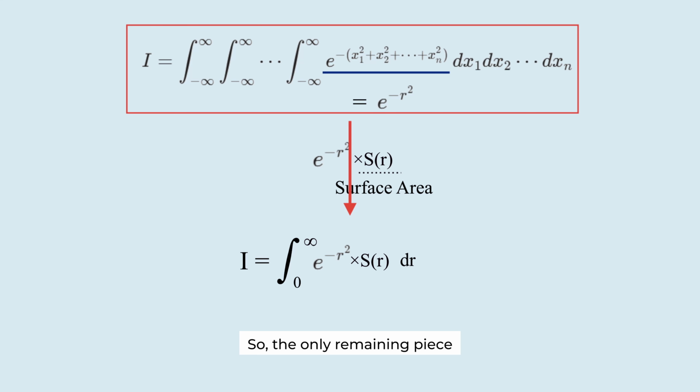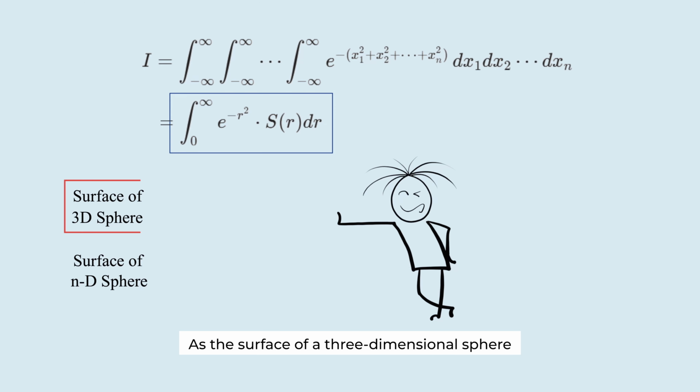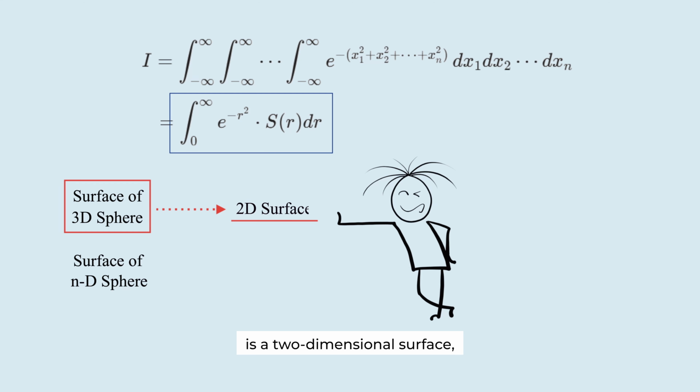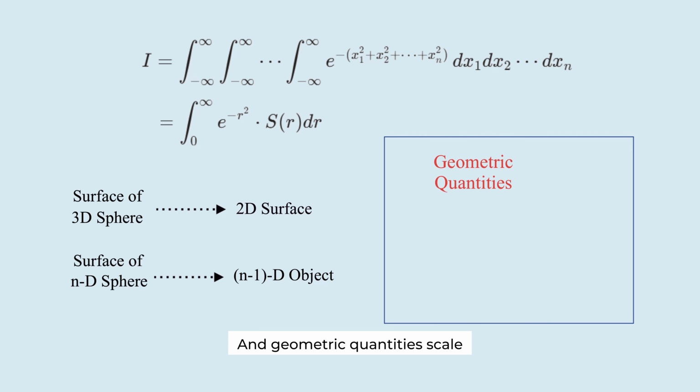So, the only remaining piece is the surface area of the sphere. Here's a crucial geometric fact. As the surface of a three-dimensional sphere is a two-dimensional surface, in n dimensions, the surface of a sphere is an object of dimension n-1. And geometric quantities scale with radius according to their dimension.